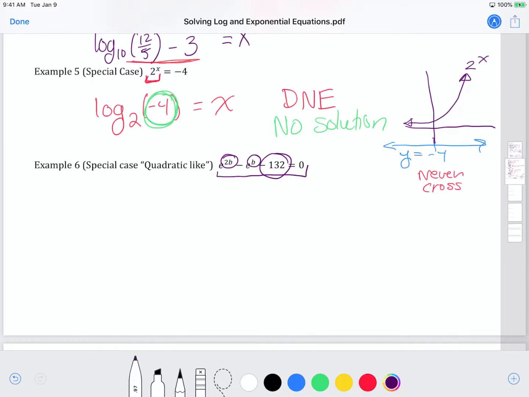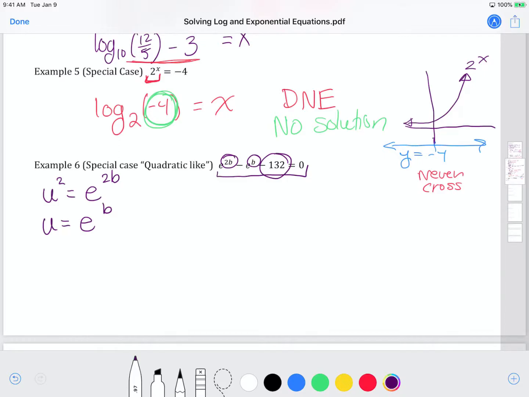So this is a good way to refresh on older material. When we have a quadratic-like equation, we use substitution. So I'm going to let u squared be e to the 2b. So then to figure out what u is, I square root both sides. So I would get e to the b. And now I can substitute.